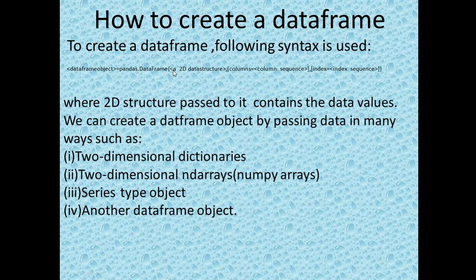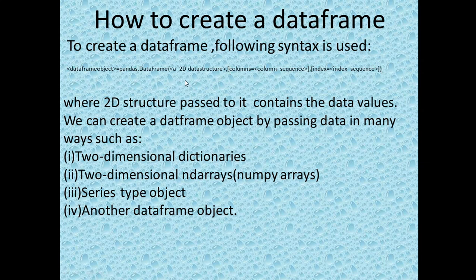The argument is given as a 2D data structure, meaning here you will specify the 2D structure. The rest of the things, columns equal to column sequence, index equal to index sequence, mean that if you want to separately and explicitly define columns as well as rows, that can also be written. It is given under square brackets, meaning this is the optional one.